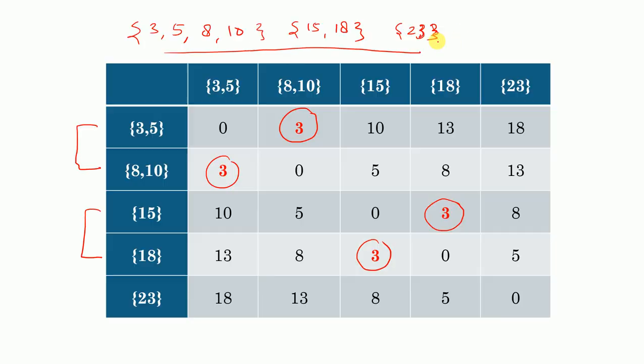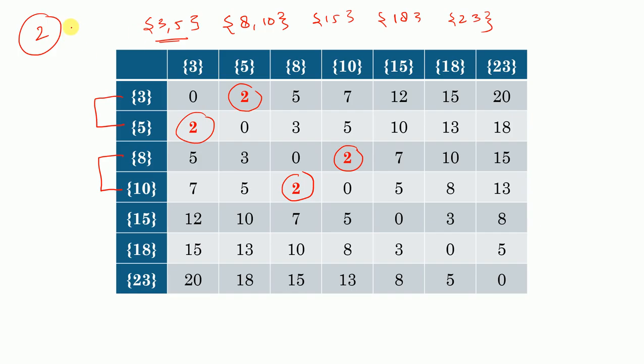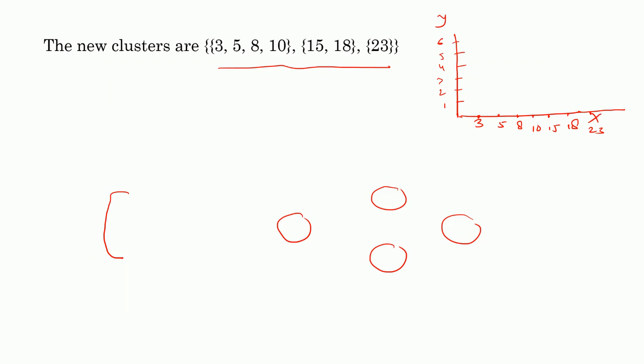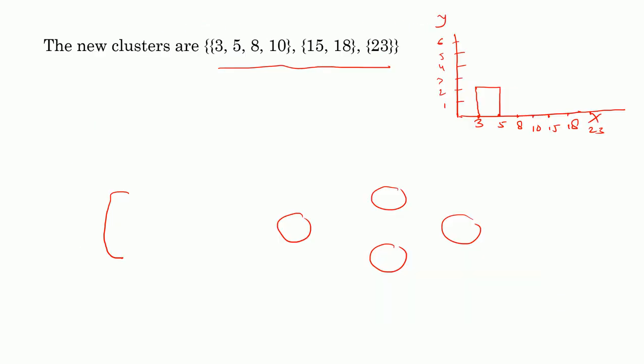So if you go back to where we initially started, the distance was 2 and these two, 3, 5 and 8, 10, these points are merged. So what we have to do? 3, 5 distance is 2, it means for 3, 5 you simply form a rectangle, and the distance was 2, and similarly 8, 10.